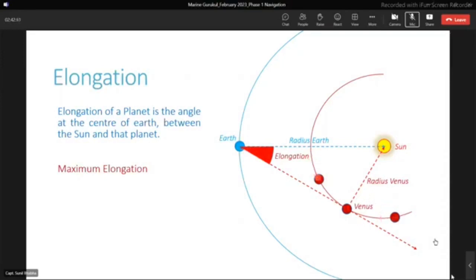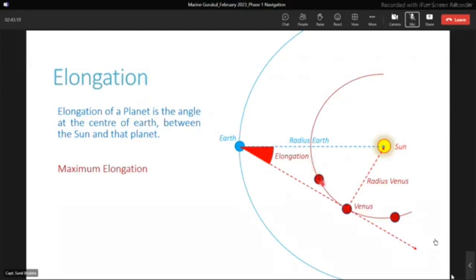Now, if you look carefully, as the planet Venus moves in its orbit, you can follow the laser pointer. At this particular point, Venus will be in conjunction with the Sun, or the elongation will be 0 degrees. Now, as it moves in its orbit, the elongation will start to increase. At the first location, it will have a certain elongation.